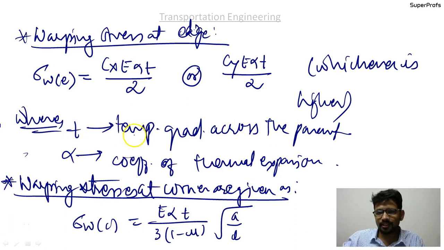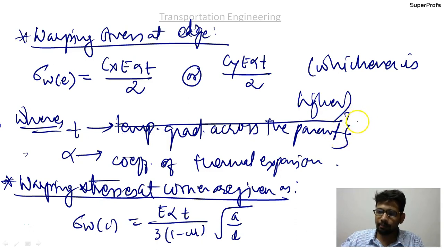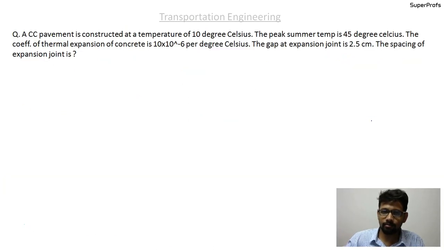Instead of calling T the temperature gradient across the pavement, which is not the right term, call it the temperature differential during day. I'll take it on the next slide. We will take this question later.